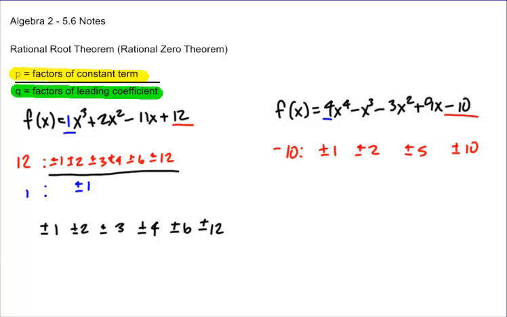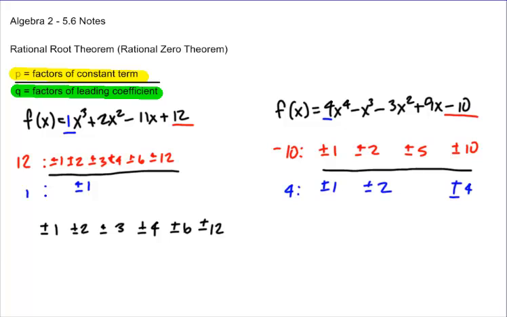So those are all the things that multiply that would make a negative 10, over all the things that multiply that make 4. So again, that would be plus or minus 1 and 4. And then what else multiplies and makes a 4? It's 2 times 2, so we would just write the 2 once.